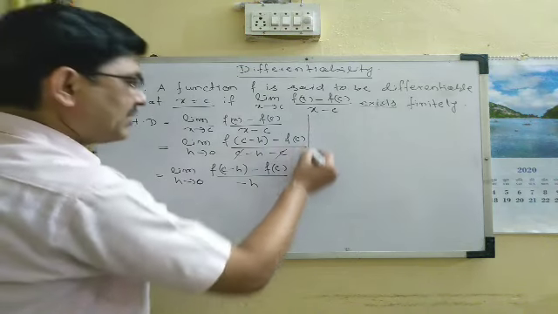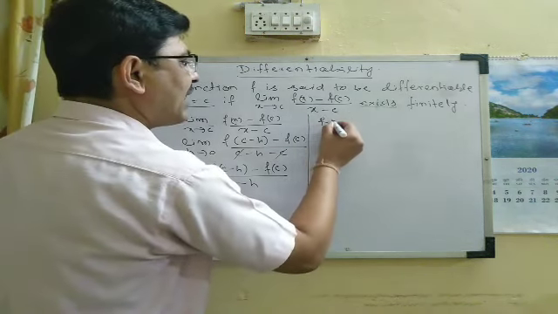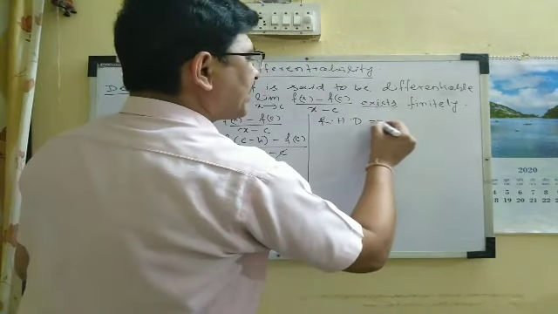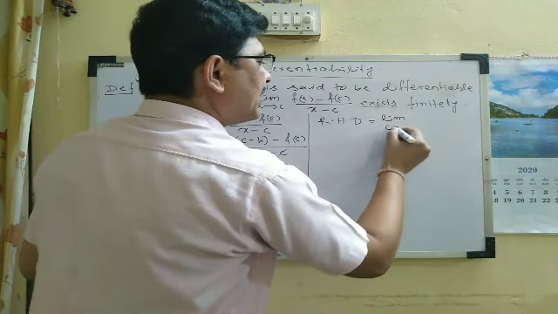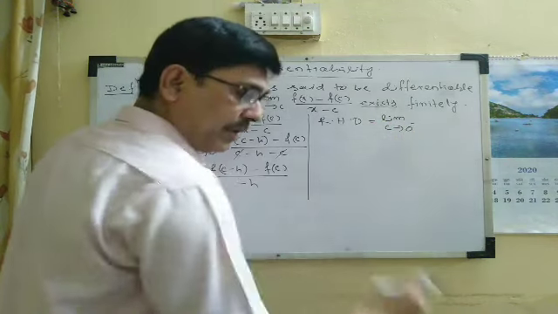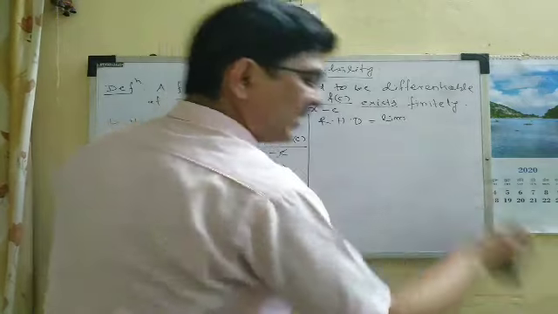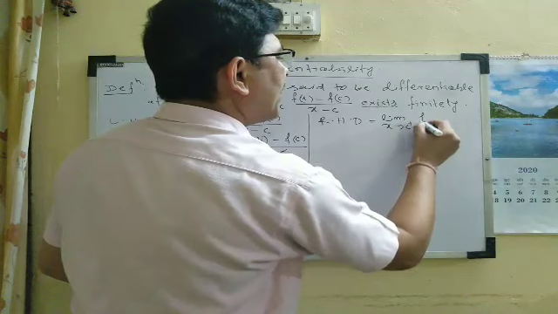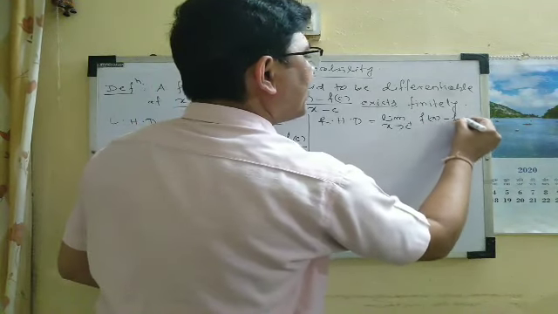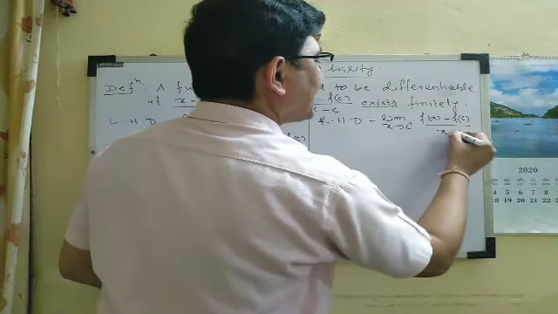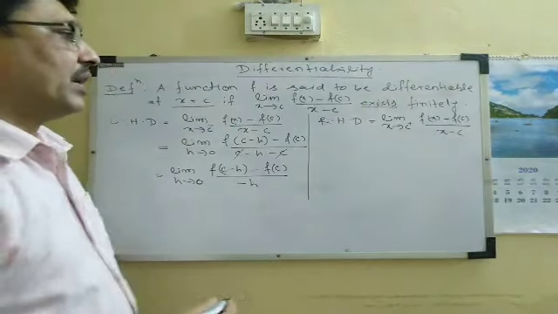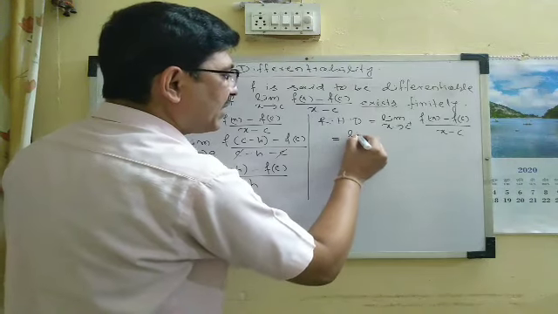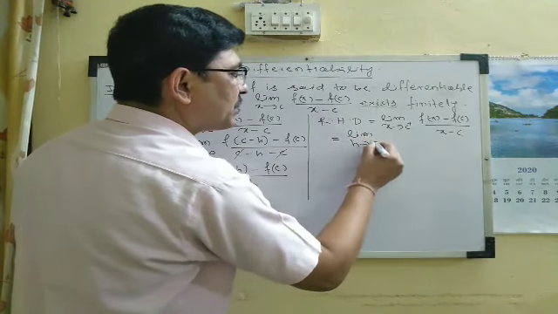Let us discuss its right hand derivative, RHD. Right hand derivative is equal to limit x tends to c plus, f of x minus f of c divided by x minus c. And let us replace x by c plus h, so it can be written as limit h tends to 0.